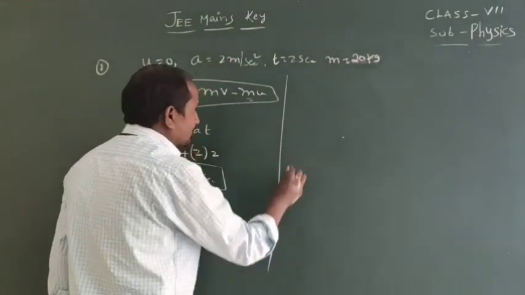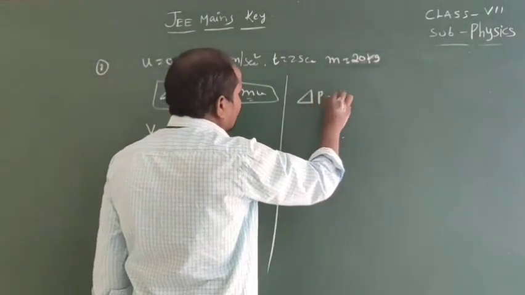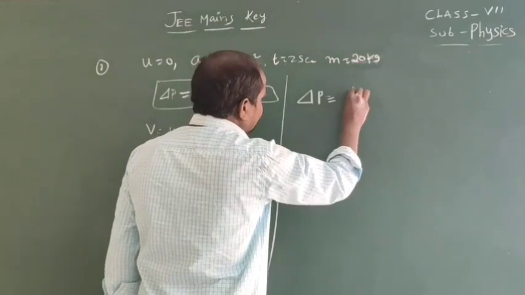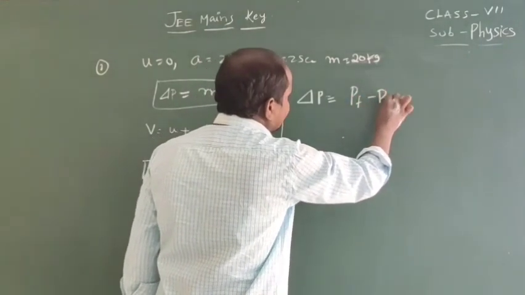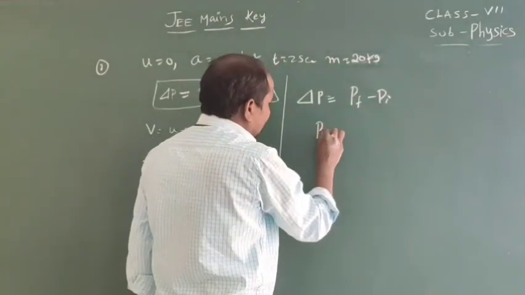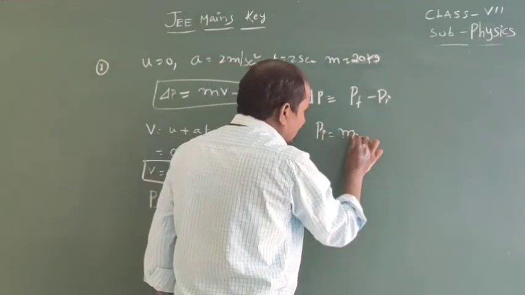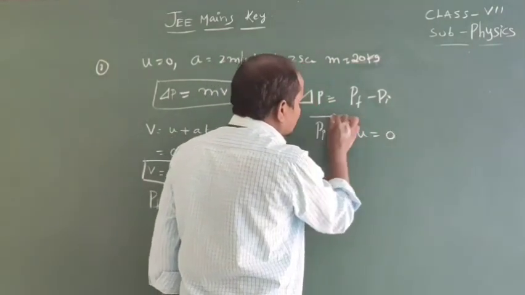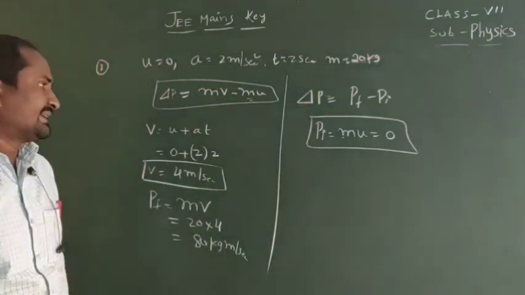Therefore change in momentum delta P equals Pf, the final momentum, minus Pi. Initial momentum Pi equals m × u, that equals 0 because the body is initially at rest.